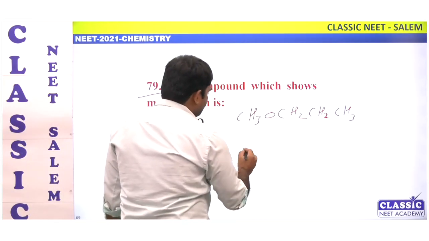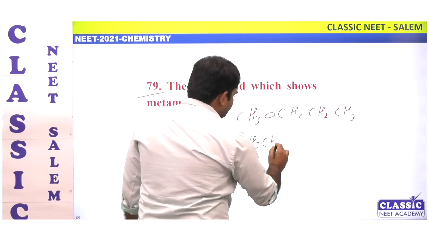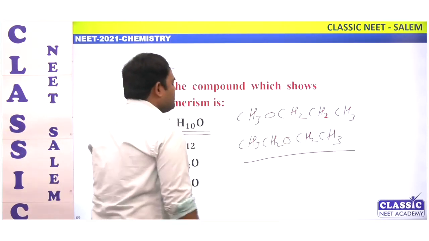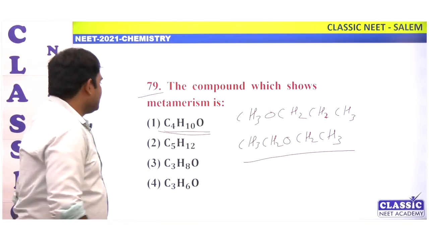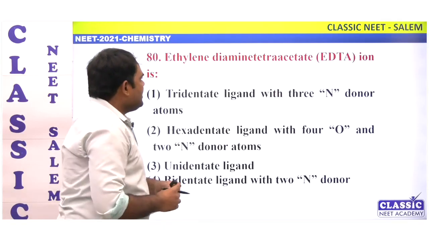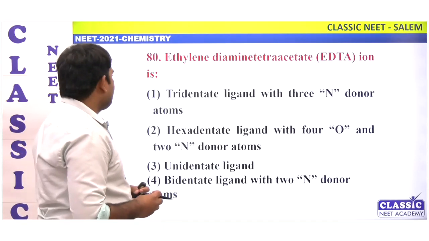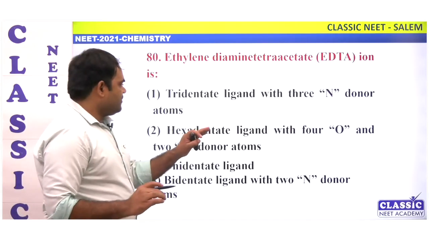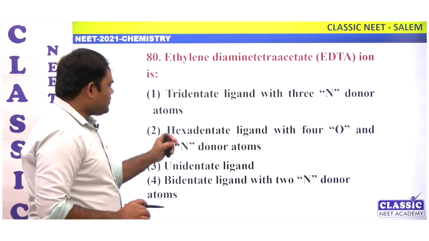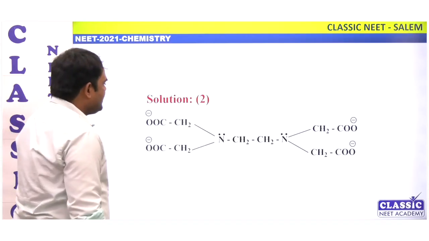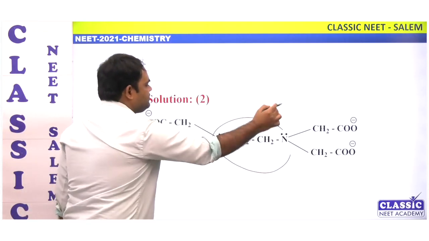We can also write it this way, so they show metamerism. So the first one is showing metamerism. Ethylene diamine tetraacetate ion is a hexadentate ligand with 4 oxygen and 2 nitrogen donor atoms. So the second one is the correct answer, and that is the structure for it.